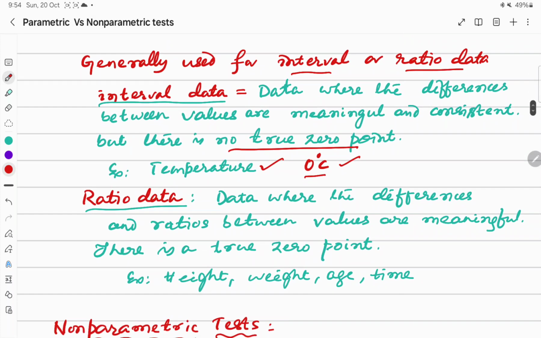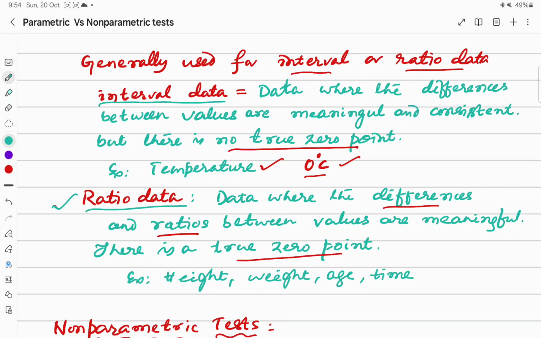Then ratio data, where the differences and ratios between the values are meaningful. Not only the differences but also the ratios. There is a true 0 point. So in this type of data, when there is a data which says 0, that means there is absolutely an absence of that data.